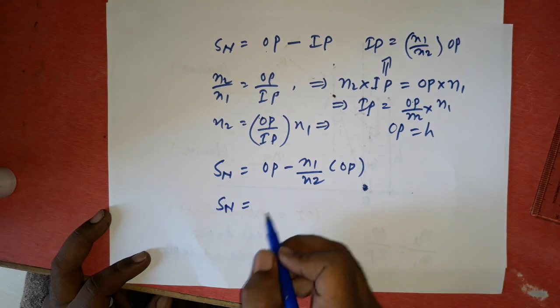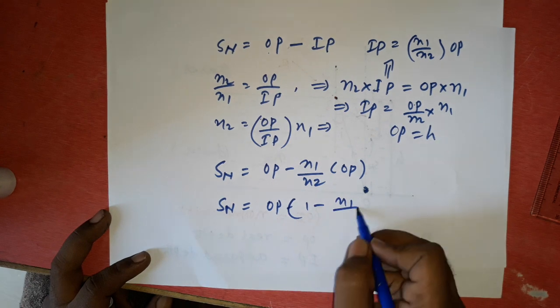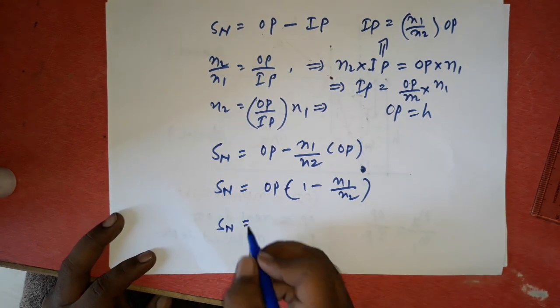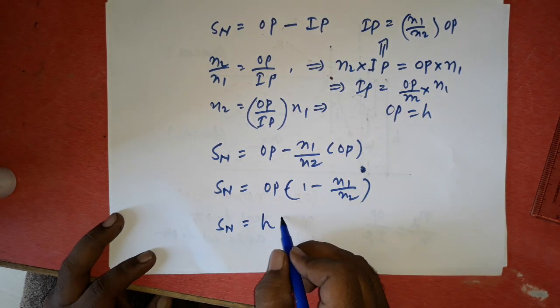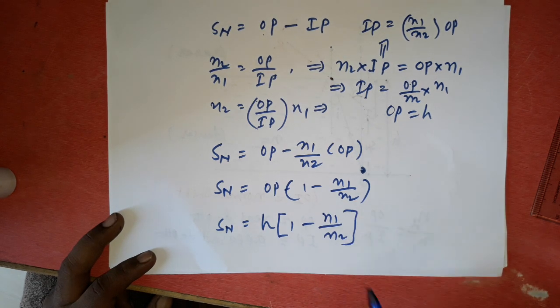Then normal shift is equal to OP into 1 minus N1 by N2. Then Sn is equal to, what is OP? H into 1 minus N1 by N2.